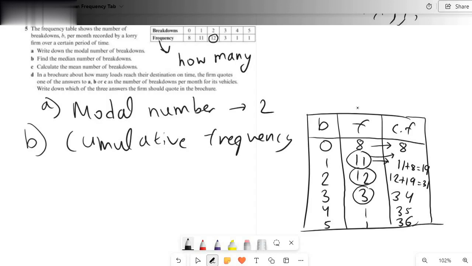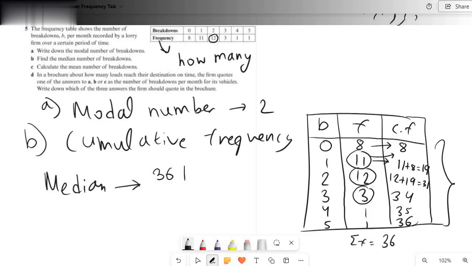To find out the median number of breakdowns, we can use the previous formula, as the median will lie at the (n plus 1) divided by 2 term, or position. So n here is going to be 36, because the total frequency, or the summation of frequency, is going to be 36 just by looking at this.